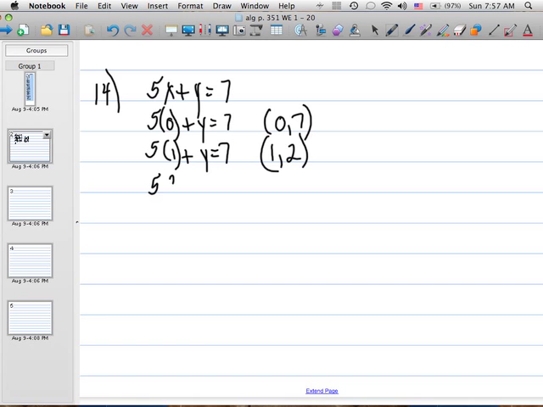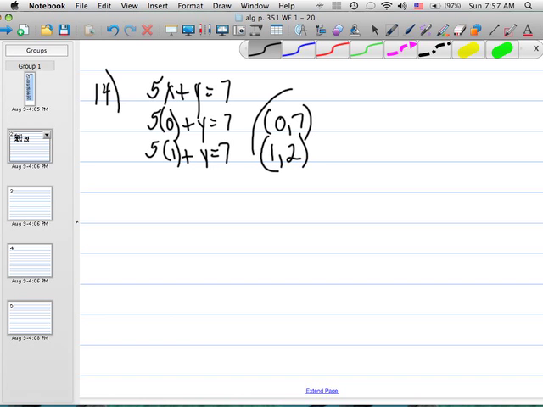If I put 2 in, I've gone too far, because that's 10. There's no way I can get to 7 unless it's negative. So those are the two ordered pairs that work. Remember, you can only substitute whole numbers, which are always positive.